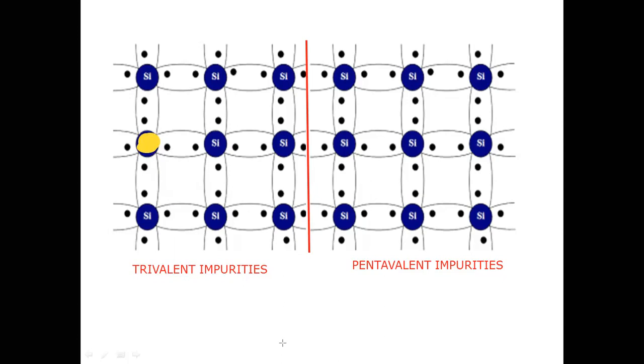These three electrons make covalent bonds with the three neighboring silicon atoms. So this is a trivalent impurity atom. I'm writing three here, which tells me it is a trivalent impurity atom.